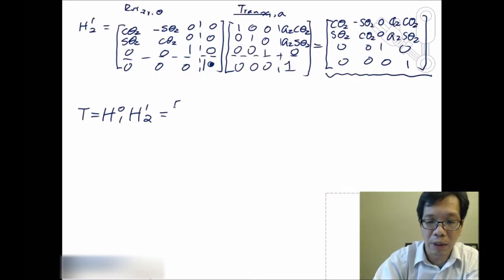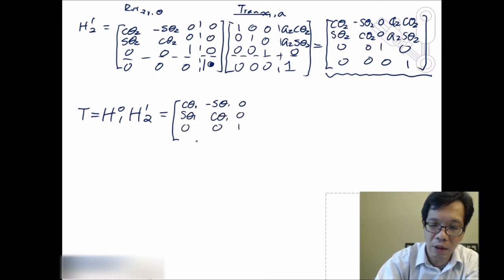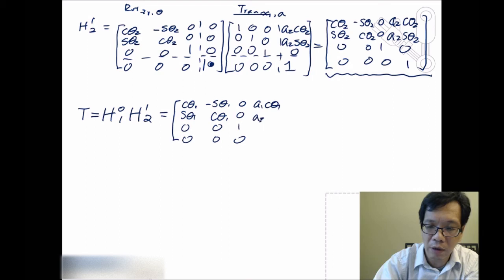So it is going to be, along 1, cosine theta 1, minus sine theta 1, sine theta 1, cosine theta 1, 0, 0, 0, 0, 1, 0, 0, 0, a1 cosine theta 1, a1 sine theta 1, 0 and 1.